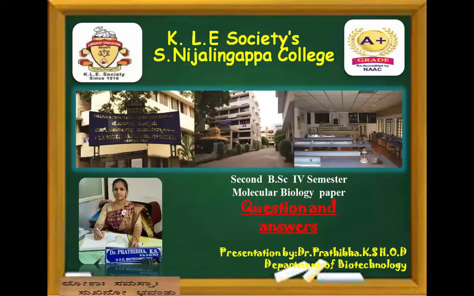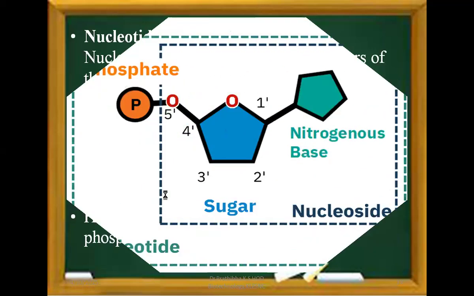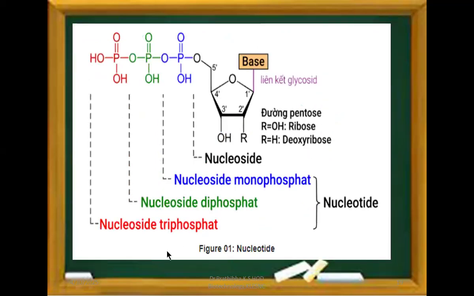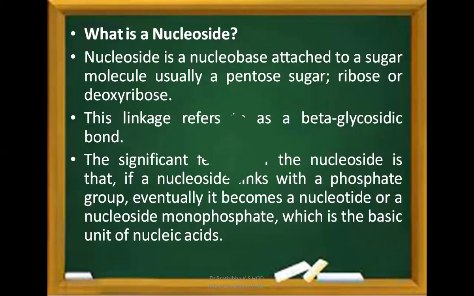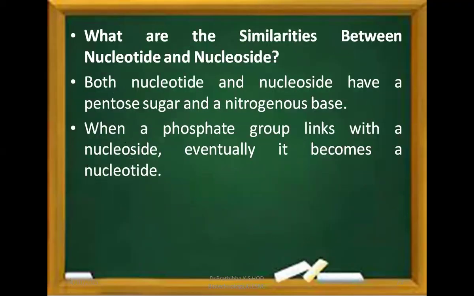First we went through nucleosides, then nucleotide, and then the structure representation. Nucleoside means nitrogen base plus sugar. When the esterification of a phosphoric acid molecule occurs with this nitrogen base and sugar, that will be a nucleotide. So this is all about nucleotides and nucleosides in detail.